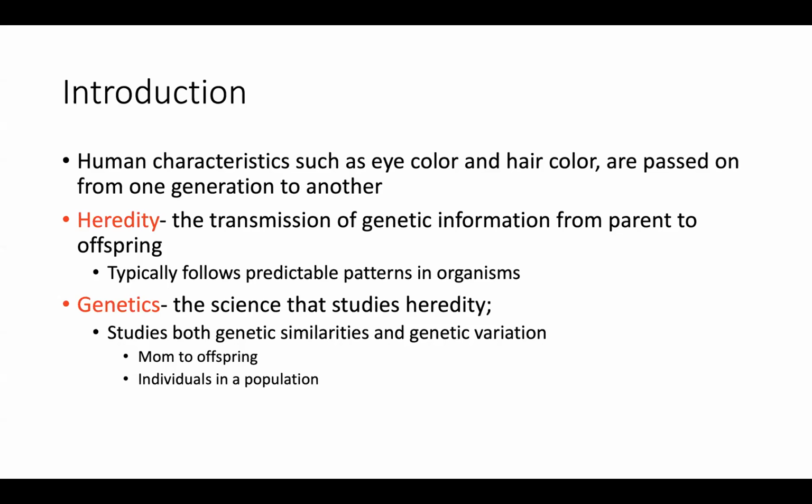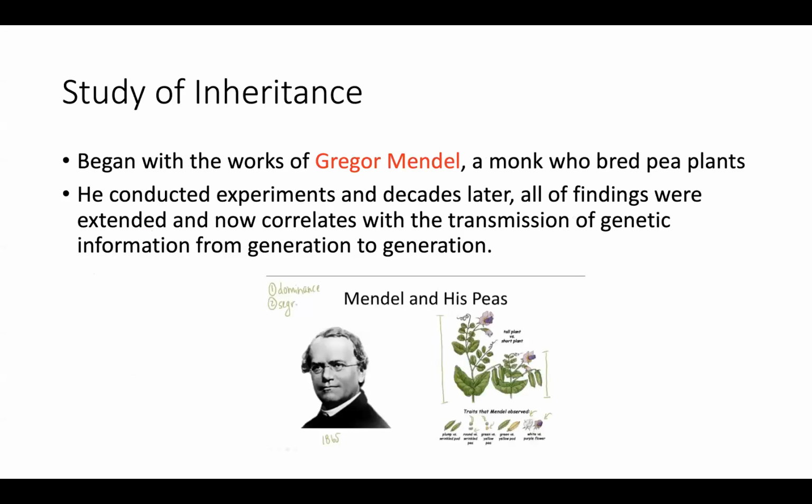Geneticists are concerned with similarities and genetic variations in a population, so we can study these similarities and differences from mom to offspring, and also amongst individuals in a population. We might be interested in the ratio of individuals who may have this characteristic or another characteristic, and we can study these with genetic analysis.